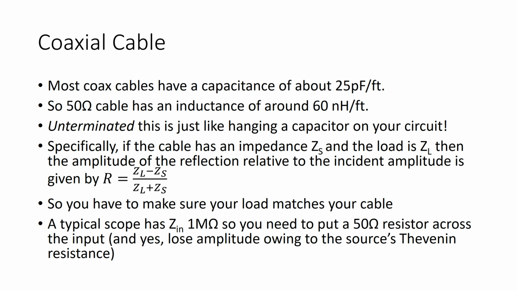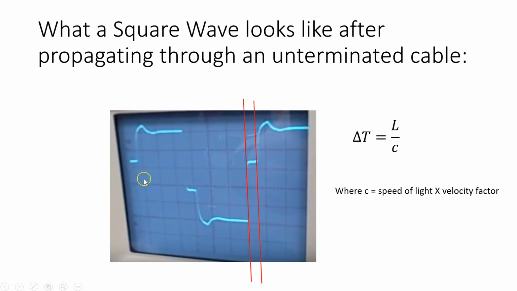And so in order to solve this, what you have to do, and I'll show you a picture in a minute, is short out the input of your oscilloscope with a 50 ohm resistor. And yes, this means that you will introduce a reduction of your signal amplitude because of any Thevenin resistance at the source at the other end of the cable, but this is what you're going to have to do to see fast signals. So let's look at an experiment here.